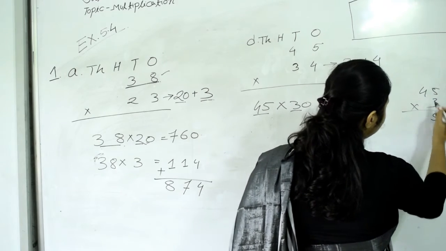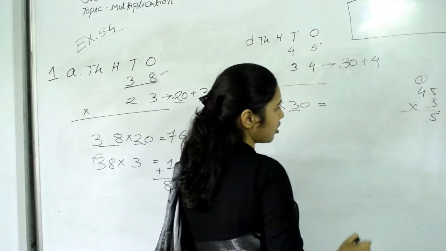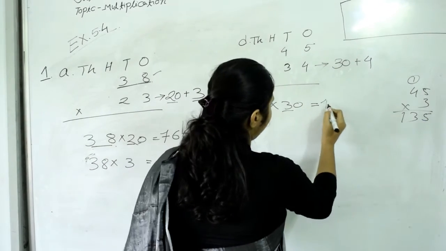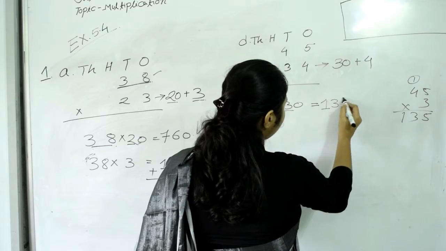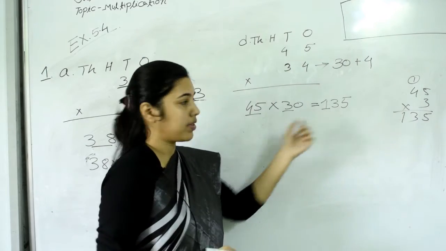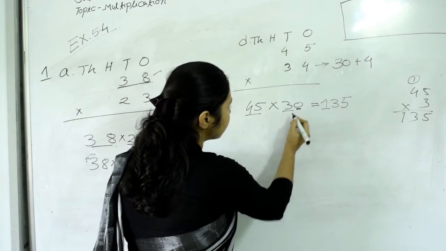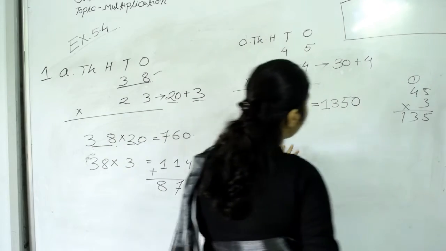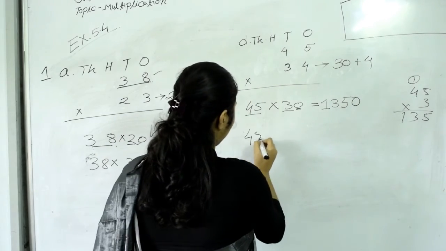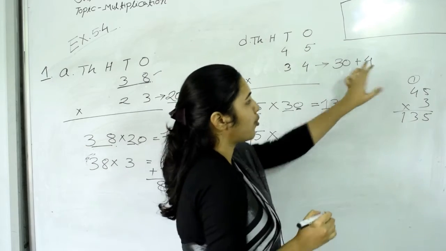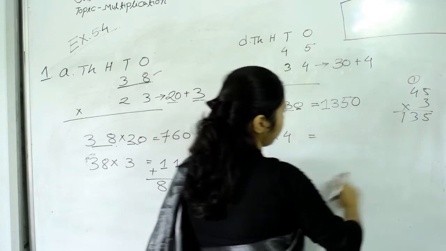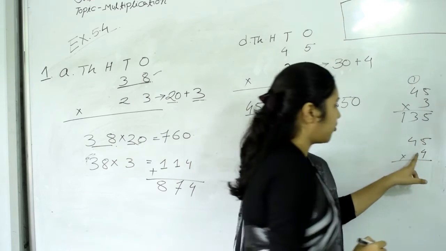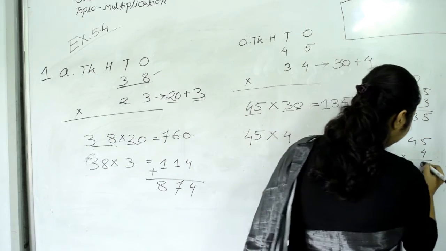3 5s are 15, 1, 3 4s are 12 plus 1, 13, right? So first write here 135 and then add the 0 in 1's place. Next multiply 45 with 4. 4 5s are 20, right?